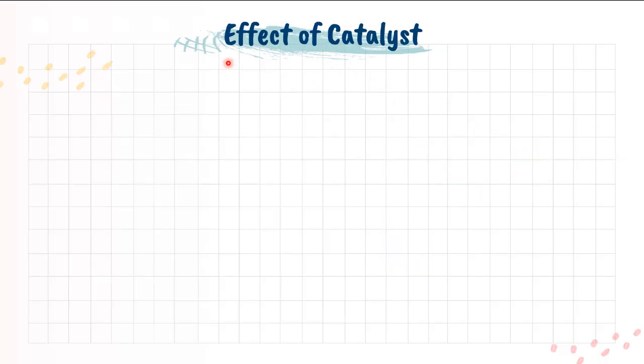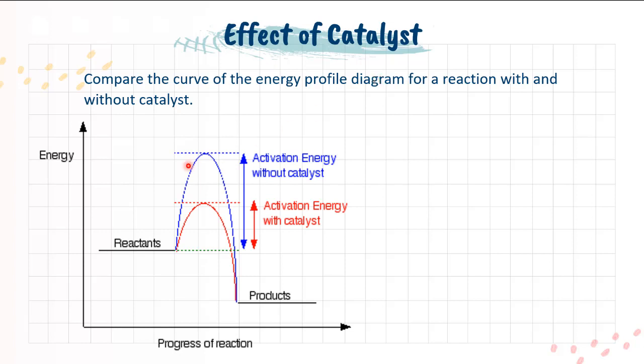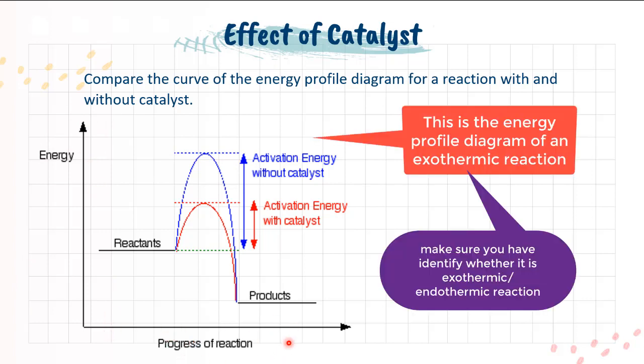Alright, so next is the effect of catalyst, in which we need to use an energy profile diagram to compare the reactions that use catalyst or without catalyst. Okay, so here is your energy profile diagram. We have the potential energy against the progress of reactions.